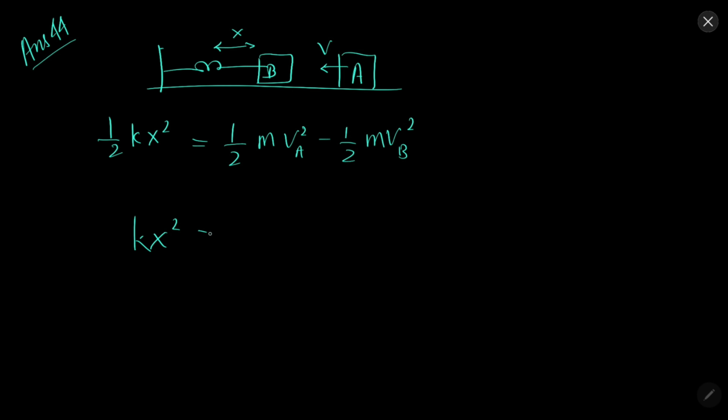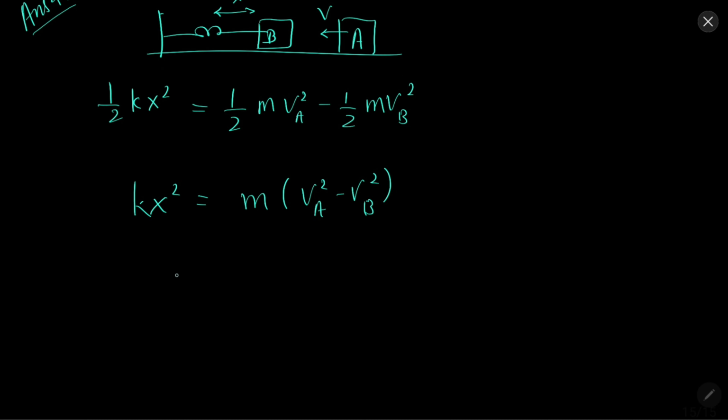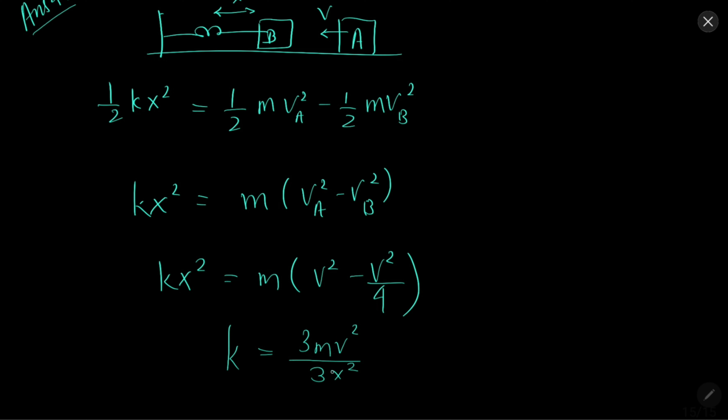So kx square equal to m into vs square minus vb square. So after solving this, we will obtain k equal to 3mv square over 3x square.